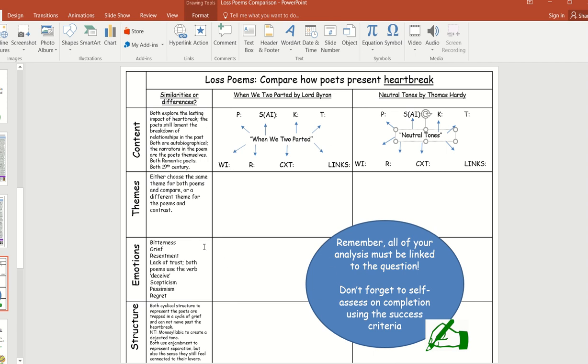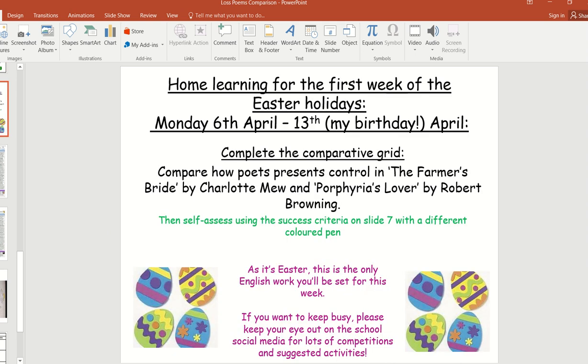So I hope that makes sense, and what I would like you to do is recreate this in your exercise books, choose your quotes, annotate them, and then please do self-assess them with the success criteria. Okay? And then this is the work that I would like you to complete next week for the Easter holidays.